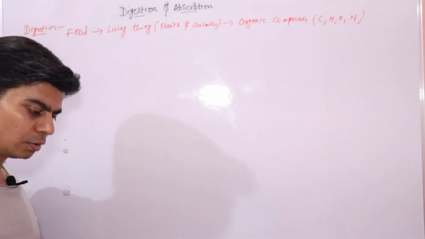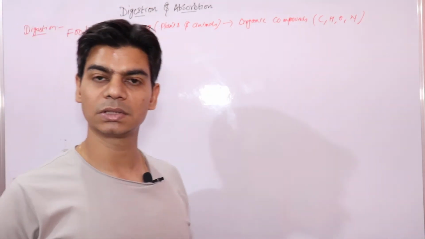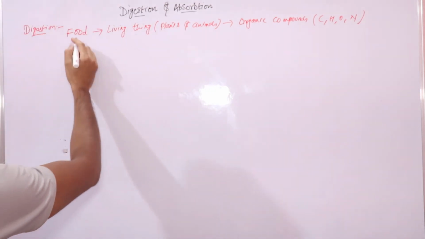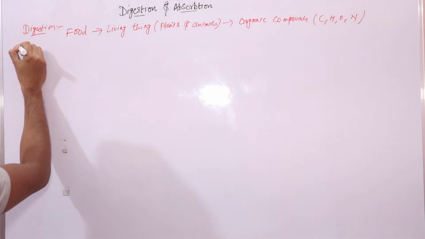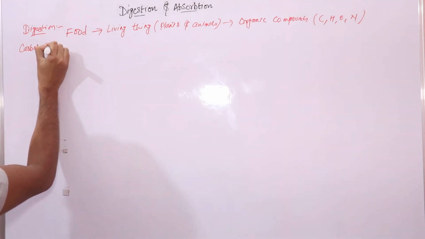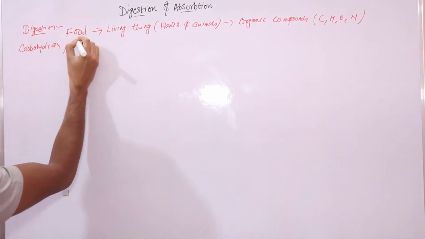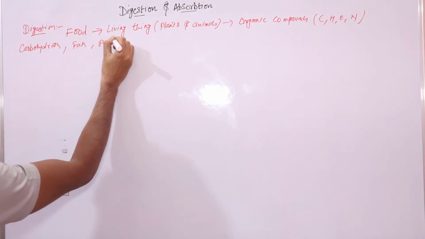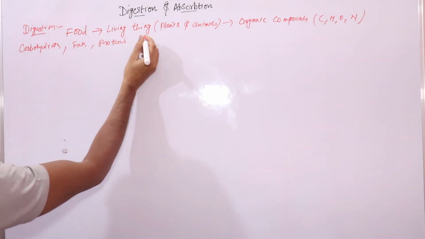Now we need to look into what type of organic compounds food contains, right? So the types of organic compounds that food contains are carbohydrates, right, fats, proteins, right?